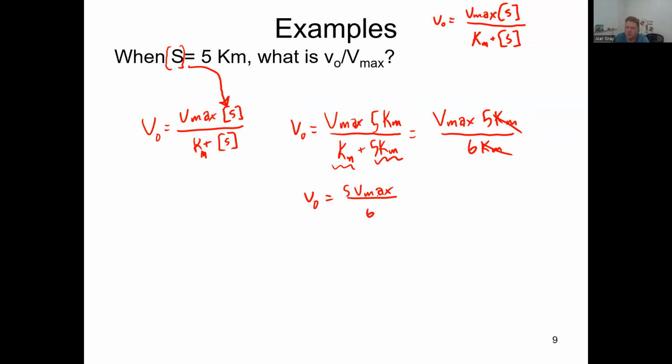And you know what? If I multiply each side of this by 1 over Vmax, I will end up with Vmax being omitted, V sub 0 over Vmax is equal to 5 over 6.